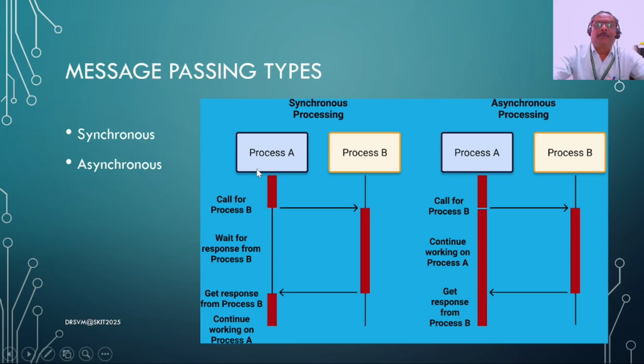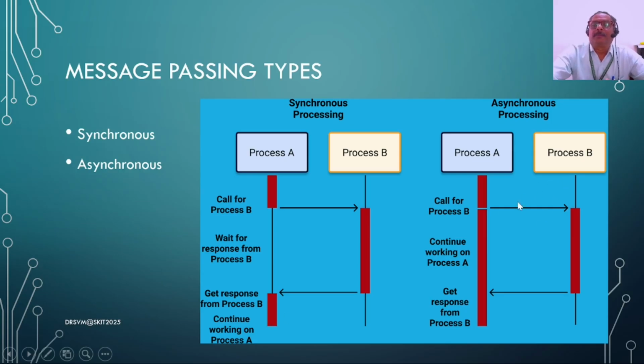Until process A gets the response from process B, process A cannot continue its work, so it just waits for the response from process B. Once process A gets the response back from B, then process A continues its work.